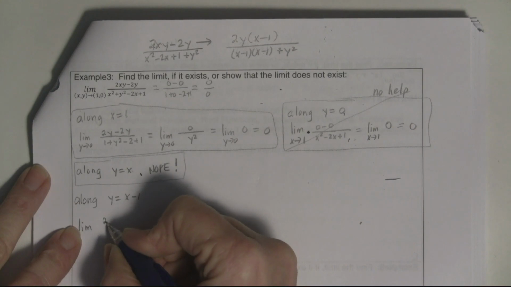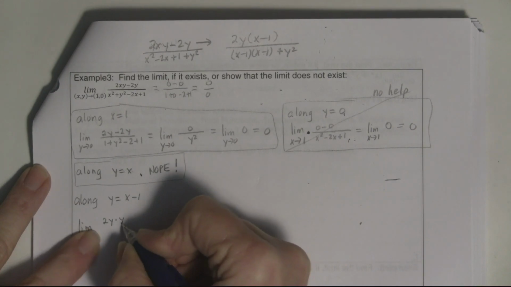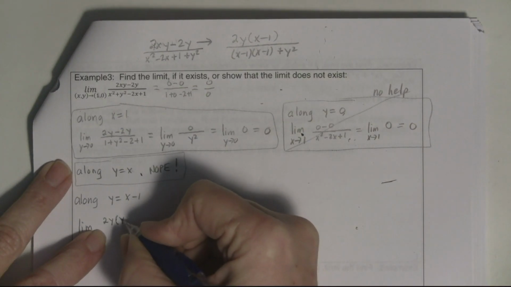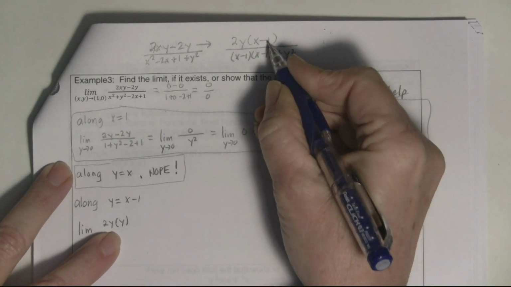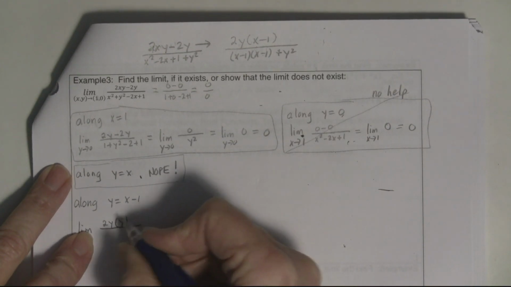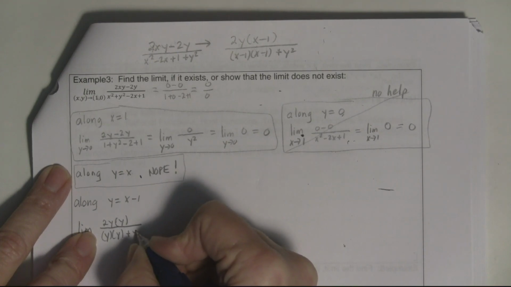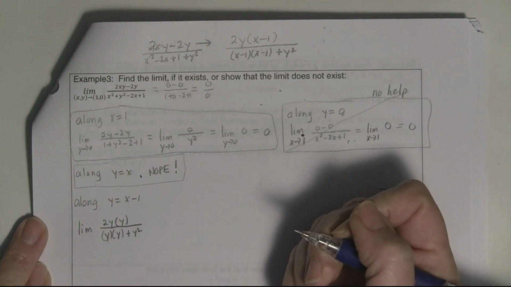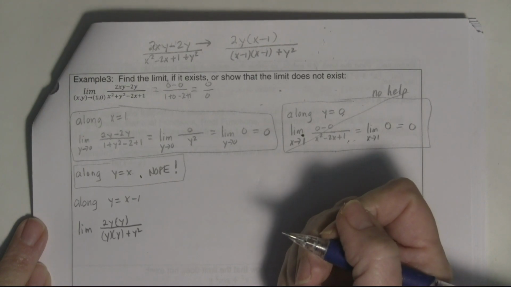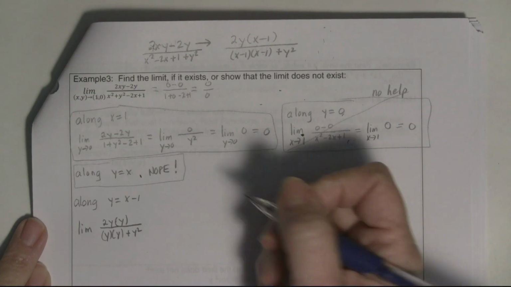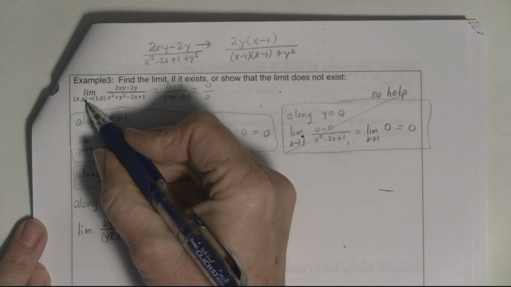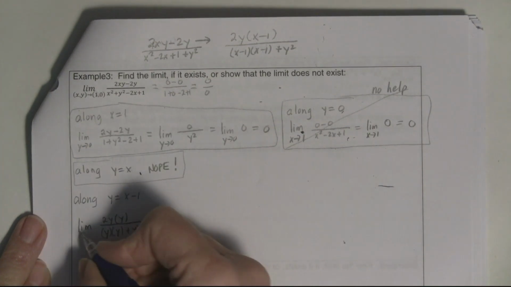So this is 2y times y, right? I'll put parentheses around it if you want, right? Because I replaced it right there. And then down here, y times y plus y squared. And now it's pretty clear that all I have left in here is y's. So where does y need to be going? Y needs to be going to 0.